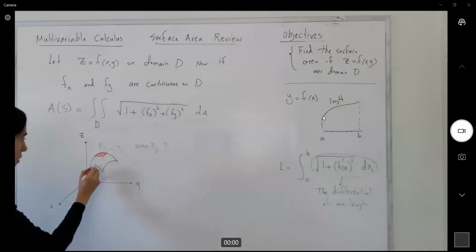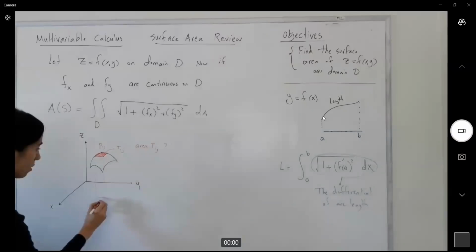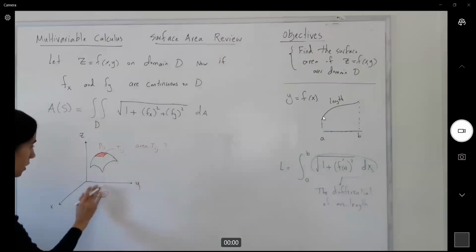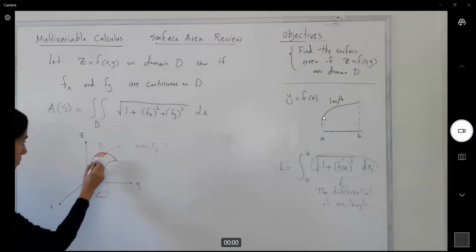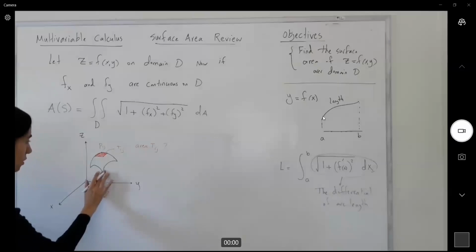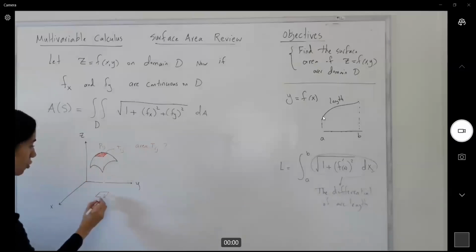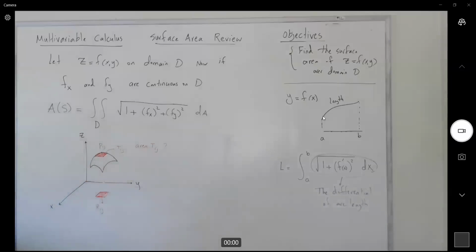Here we have this. This little guy here. Then here. Finally, this piece here. And the rest of it, just know that this is just a projection. Let us call this projection in XY plane Rij.